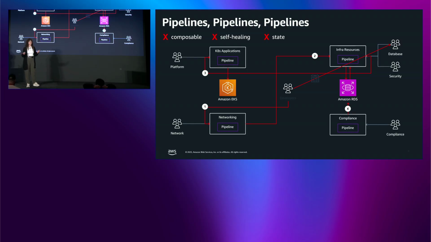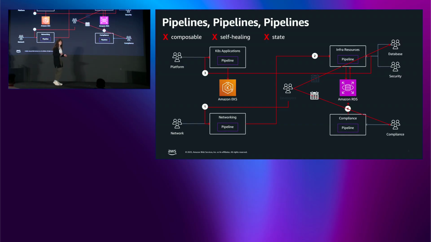Is it in the infrastructure as code? But in the infrastructure as code, I have a database, but the compliance pipeline deleted it. So maybe it's in the execution files, but which one? Because the infra pipeline went smoothly. It launched my RDS, but then the compliance pipeline deleted it. So where is the state?